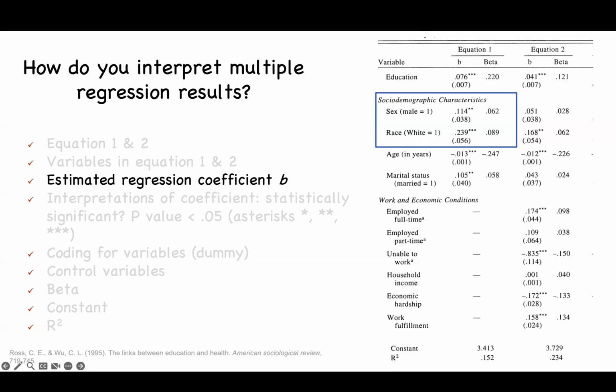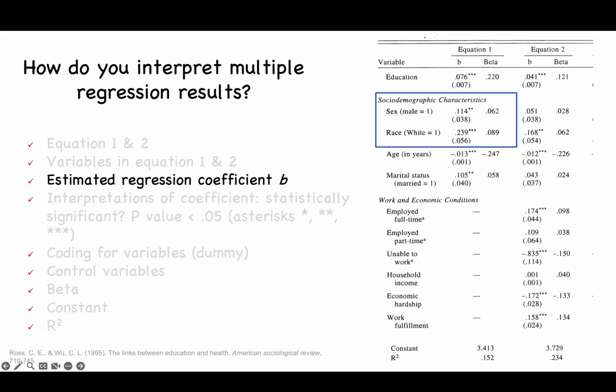So for married people here, the B is 0.105.